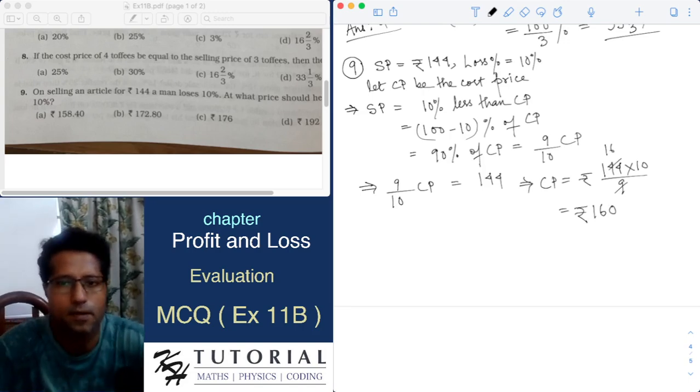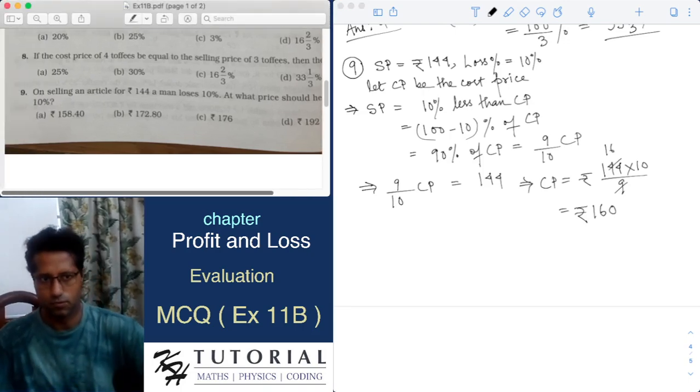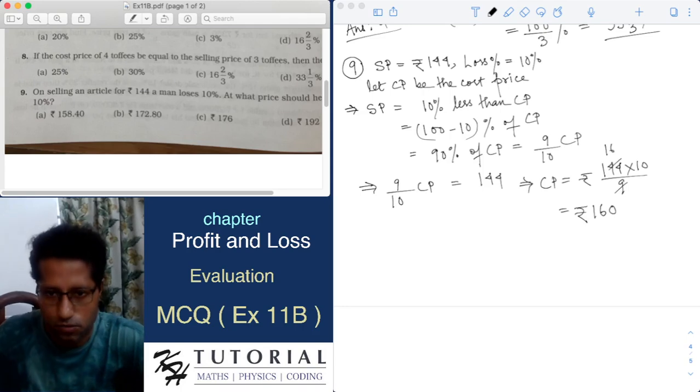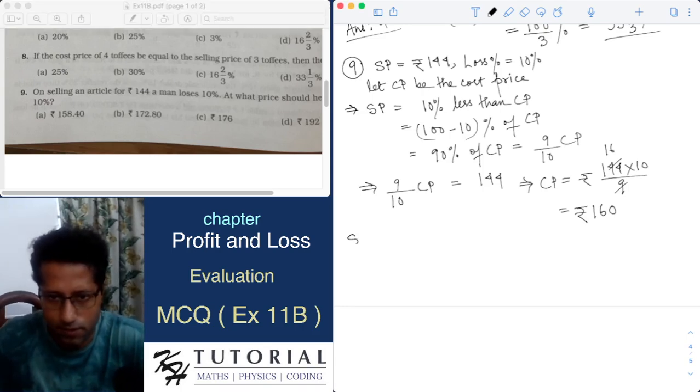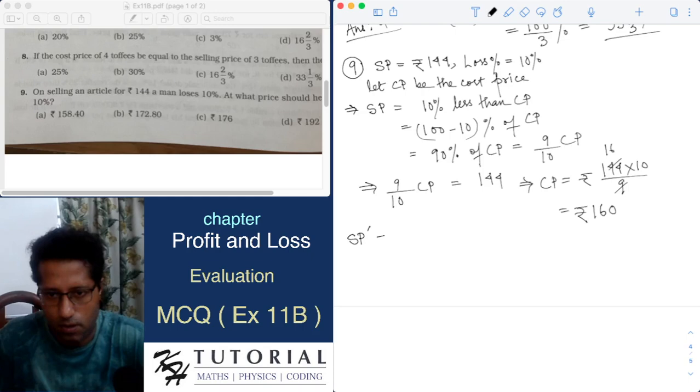Now it is saying that at what price should he sell it to gain 10%? To gain 10% based on the cost price, which is rupees 160, the new selling price should be 10% more than cost price.